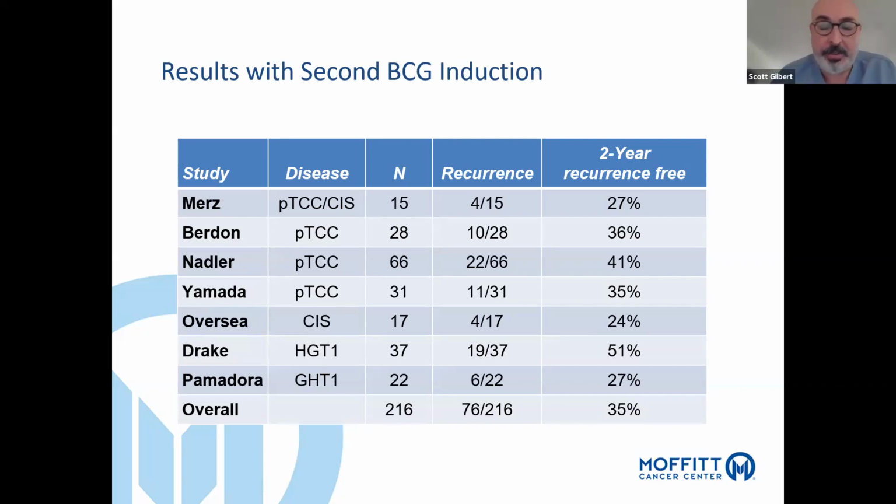Overall, if you pool these statistics, it's over a third of patients who will have a response to a second induction. So that is part of our treatment options, and oftentimes the next treatment recommendation for patients who've received the first induction and then go on to have a recurrence.